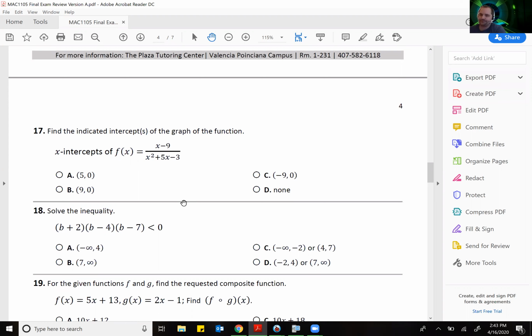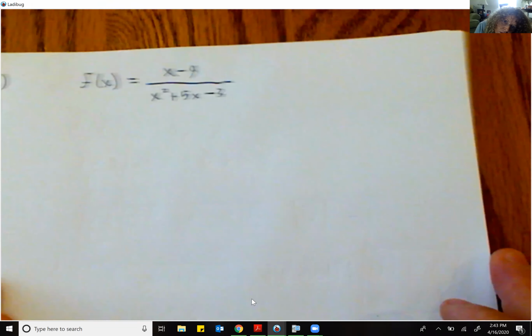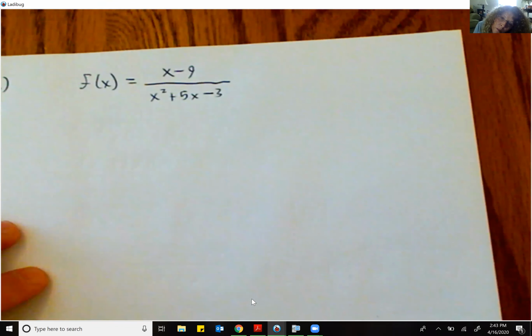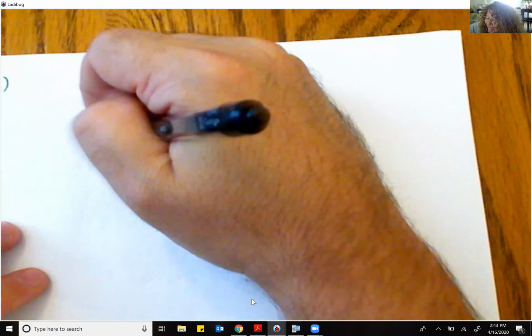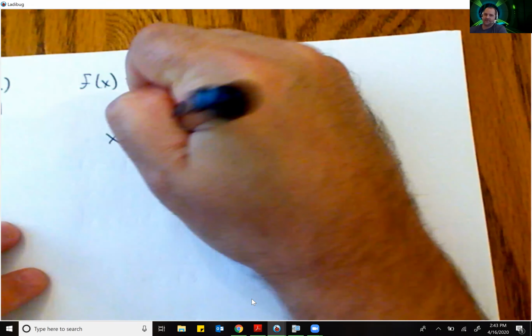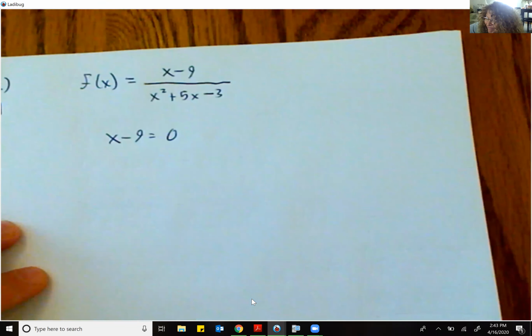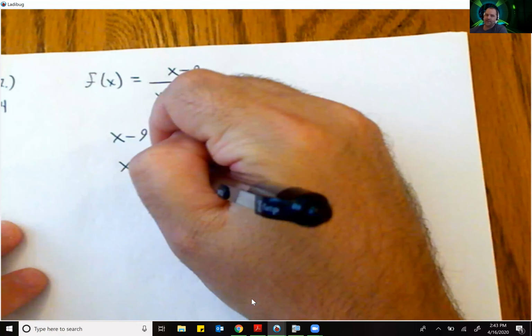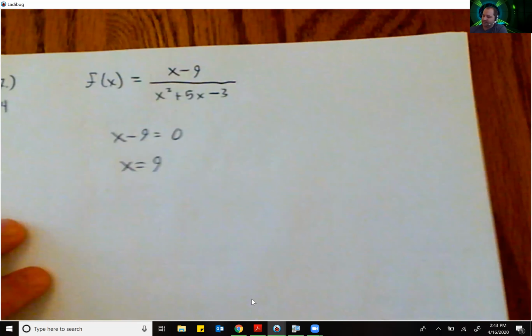What do we do? Equal to 0? Oh, the denominator. Nope. Oh, the numerator. Sorry. The numerator. Set the numerator equal to 0, and that will tell you the x-intercepts. So x is equal to a positive 9, and they want this written as a point.